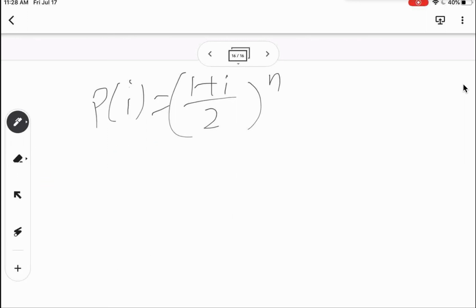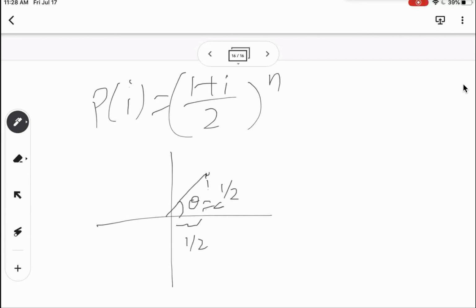If you graph this on the complex plane, it would be like the point 1/2 and 1/2, right? The important thing is that the angle equals 45 degrees.